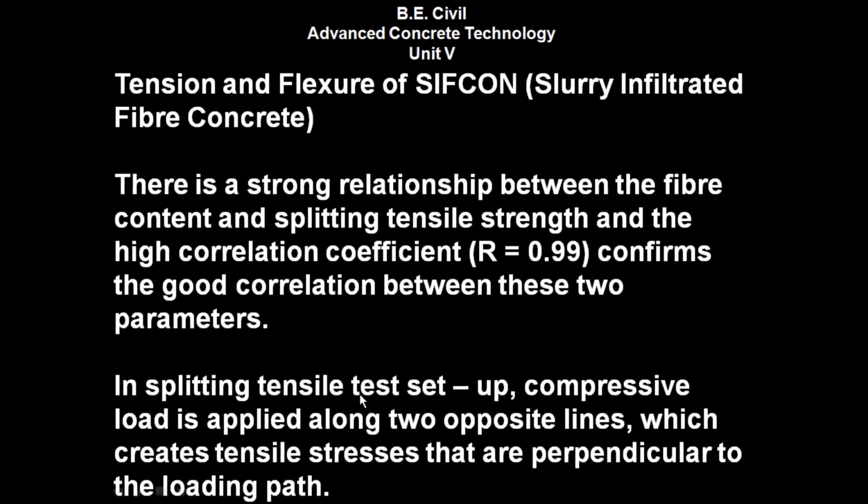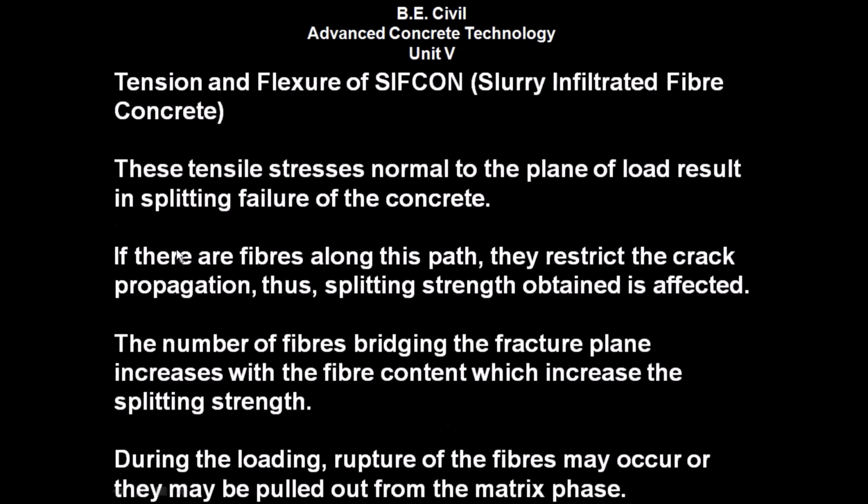In the splitting tensile test setup, compressive load is applied along two opposite lines, which creates tensile stresses that are perpendicular to the loading path. The tensile stresses normal to the plane of load result in splitting failure of the concrete.